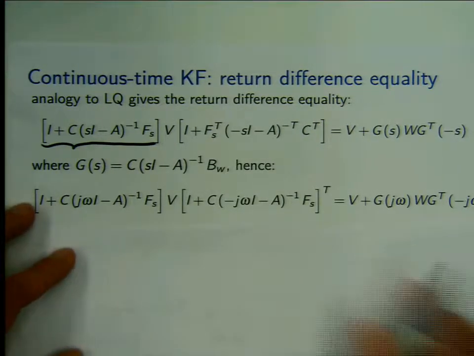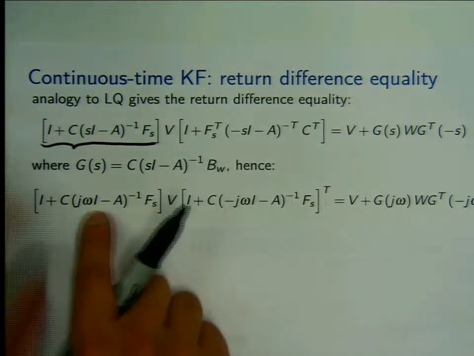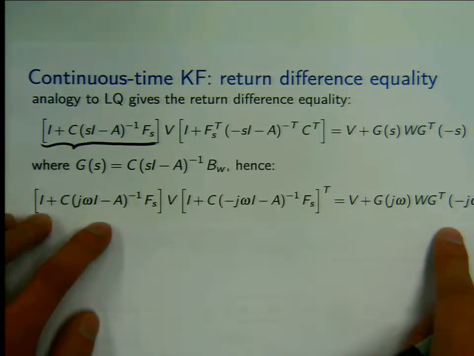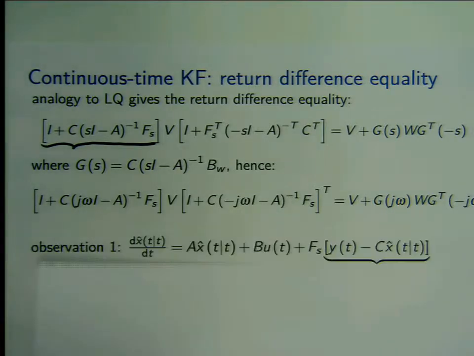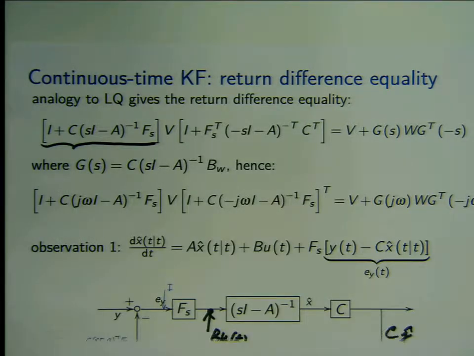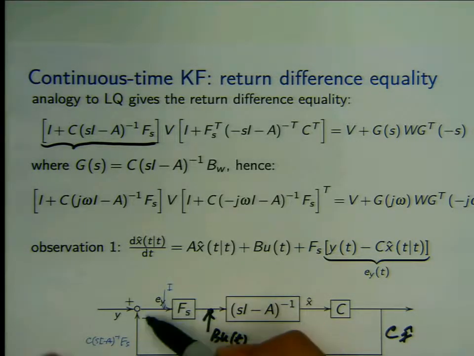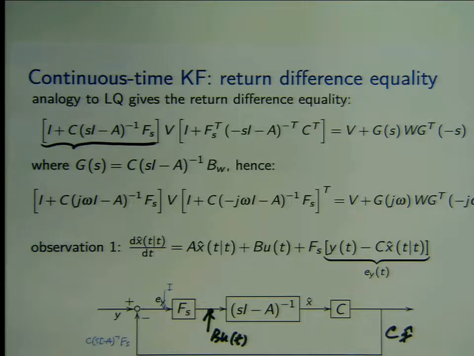Now, I can simply substitute s, every s, with j omega to achieve this equation here. Okay? Someone tell me what is the transfer function from y to ey? What's the transfer function from y to ey in this block diagram?